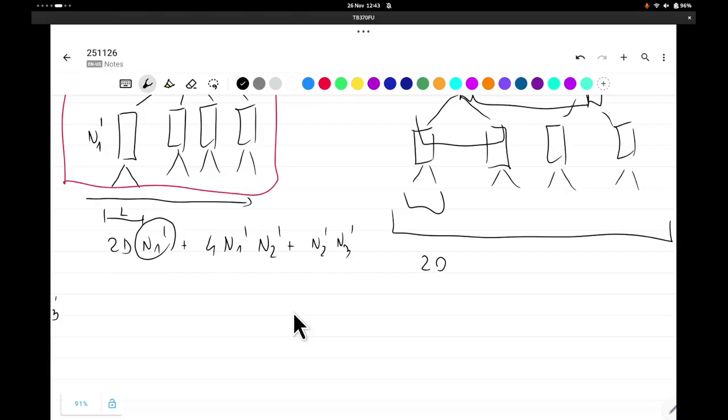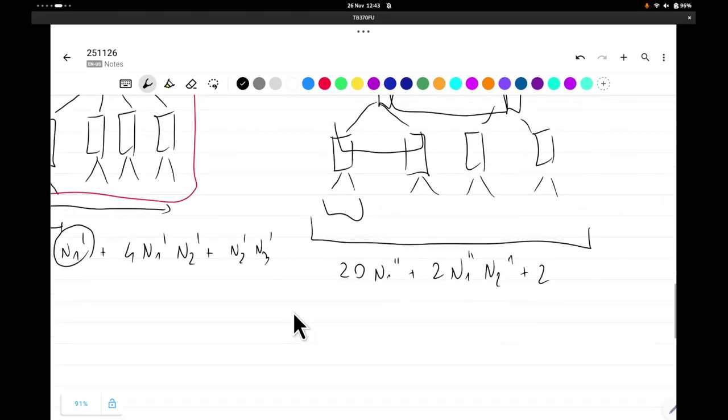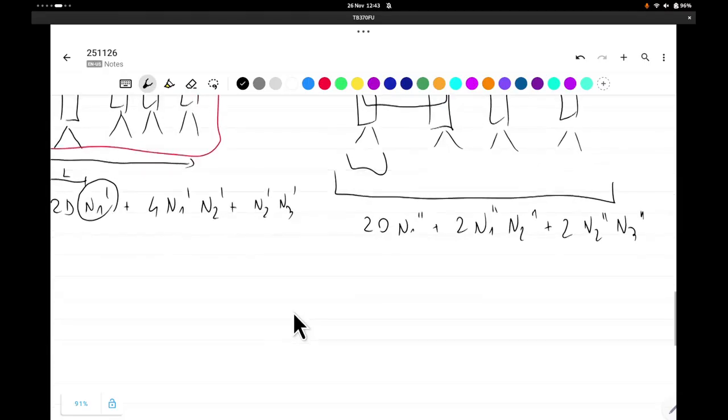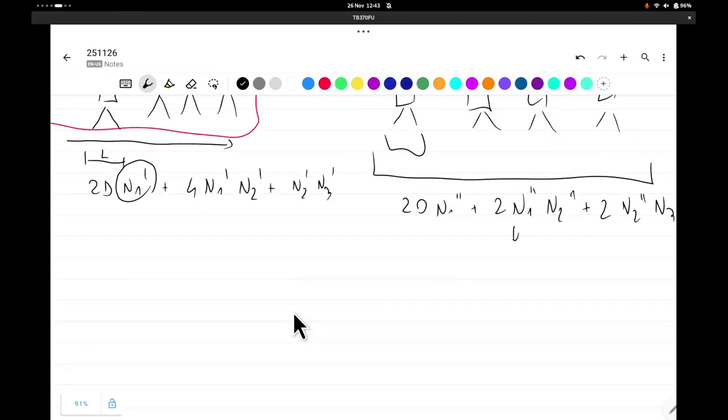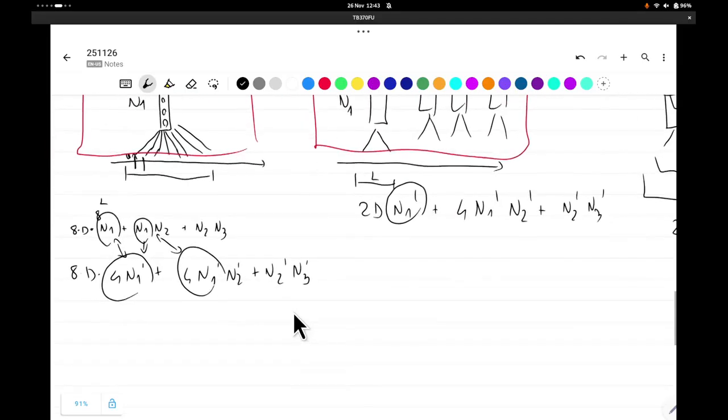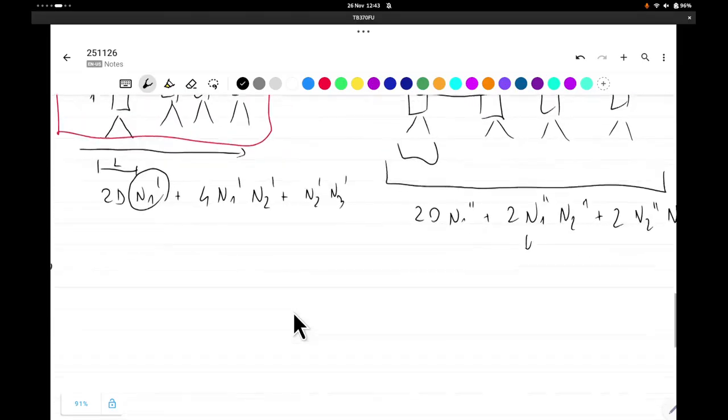So 2D, the second, plus 2 and 1 and 2, plus 2 and 2 and 3. Yeah, actually, I should have rather, well, okay.